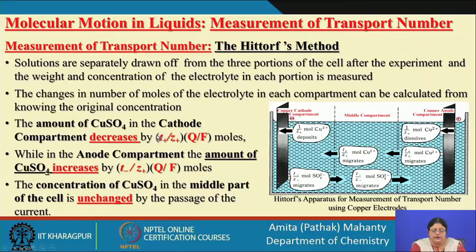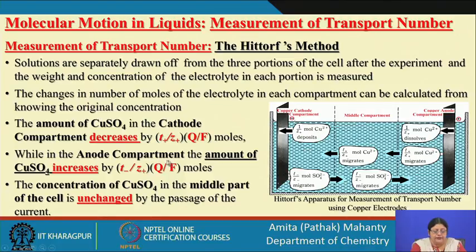The transport number divided by Z. So, if T plus is the transport number, or transference number, whatever you call it, per the cation charge Z plus, this multiplied by Q by F gives you the amount by which the amount present in the cathode compartment is decreased.